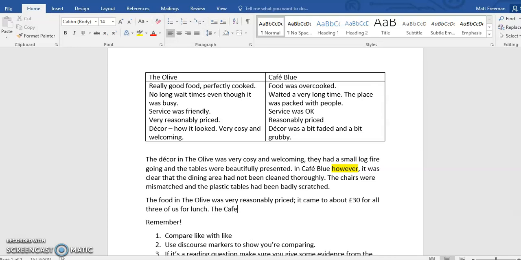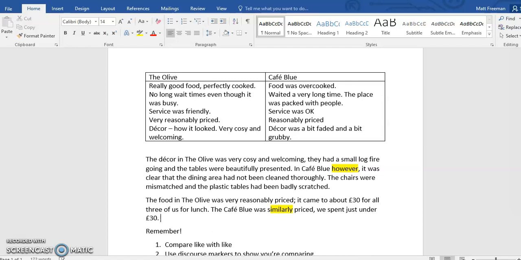The Cafe Blue similarly priced. So you can see there the word similarly is making that comparison. We spent just under 30. Okay, so there we go.